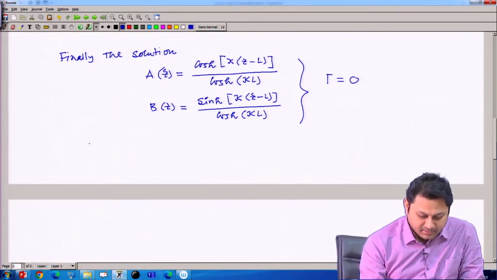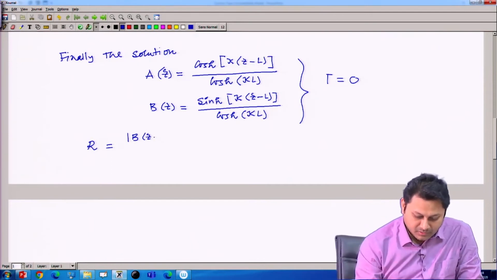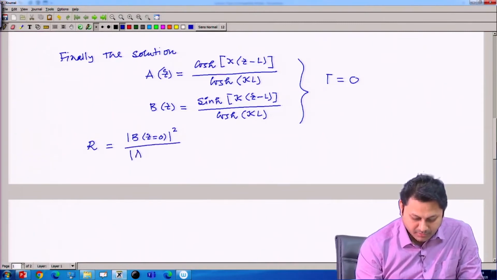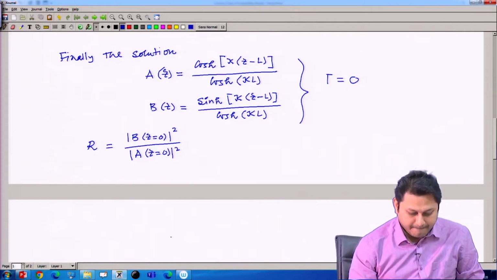Then we find the reflectivity, which we defined as mod of B at z equal to 0 squared, divided by mod of A at z equal to 0 squared.